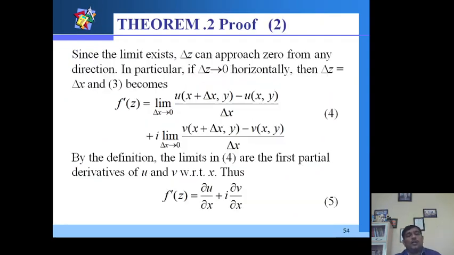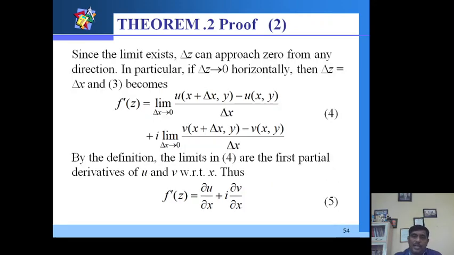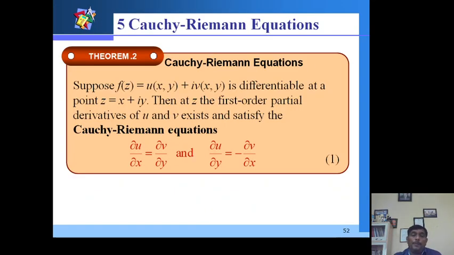And conversely also we can prove it easily from the Cauchy-Riemann equation. I will give you the hint to prove the polar form of the Cauchy-Riemann equation. Suppose in place of x and y, we have r and theta, r comma theta.